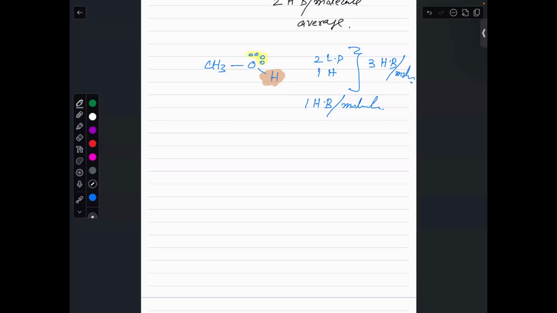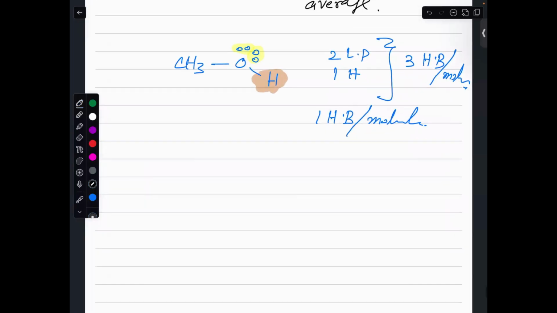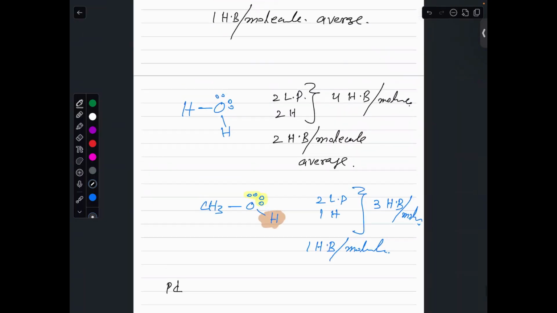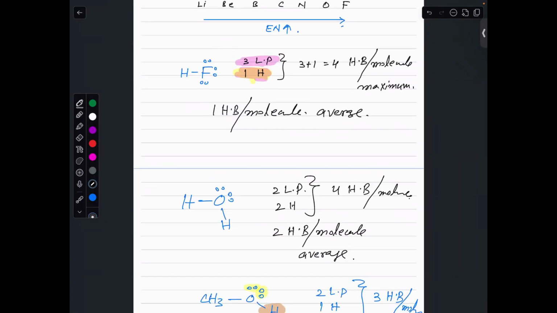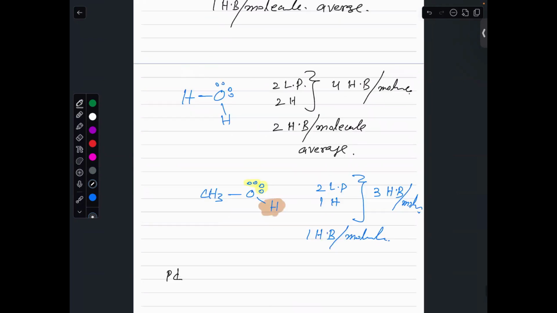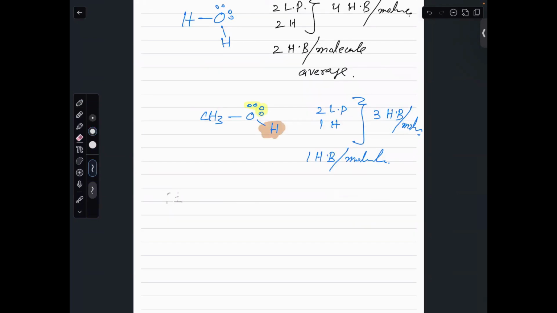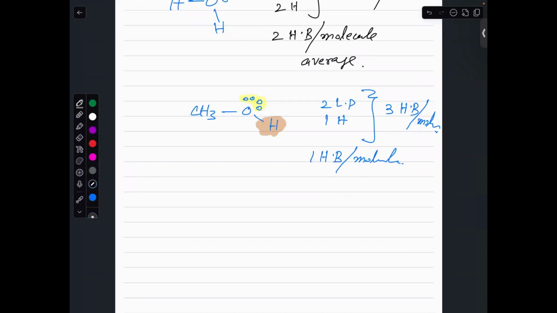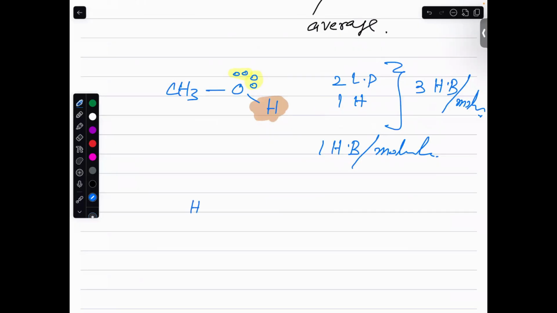Coming to PD-PD interaction. I hope you understand that in any molecule, if there is hydrogen bonding, like for example, before proceeding toward PD-PD, one last comparison: suppose I compare water with ammonia. What are my two comparisons?